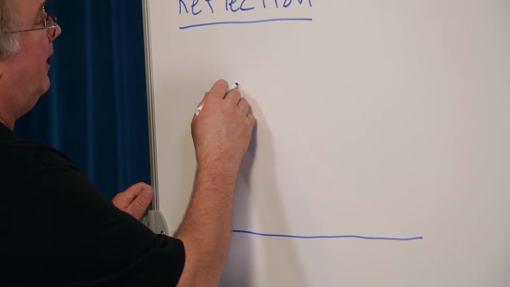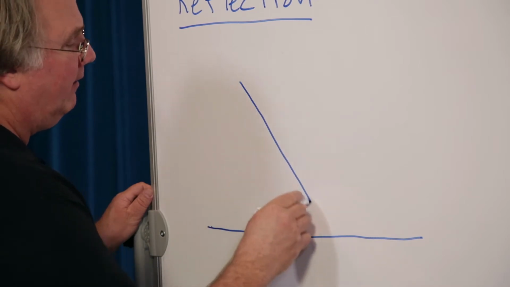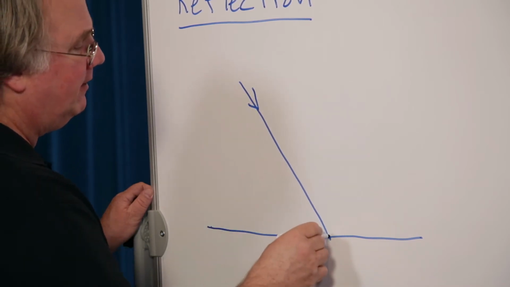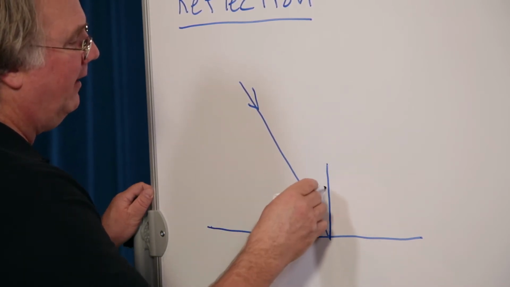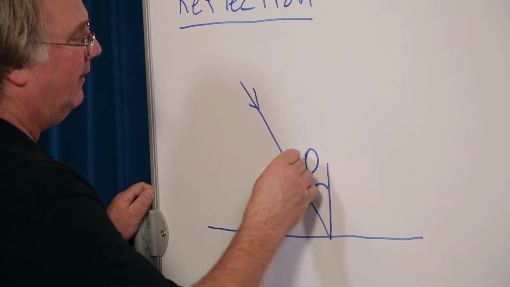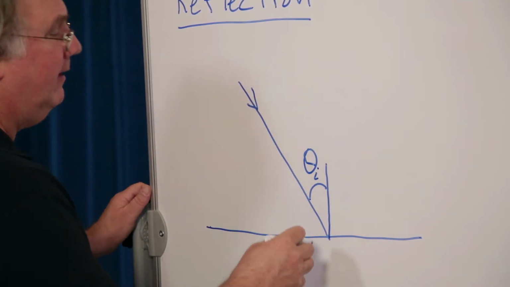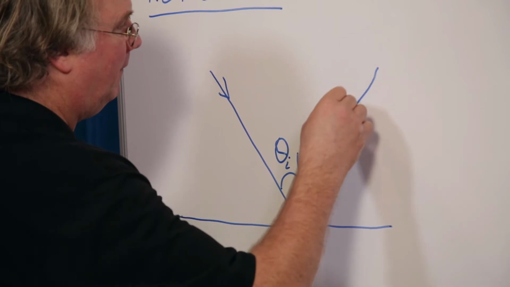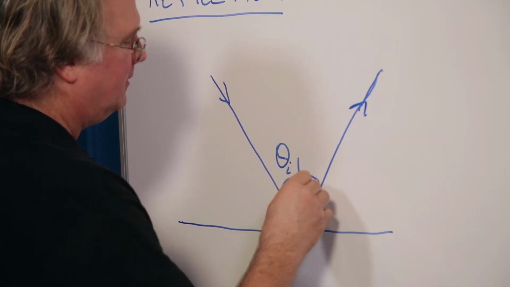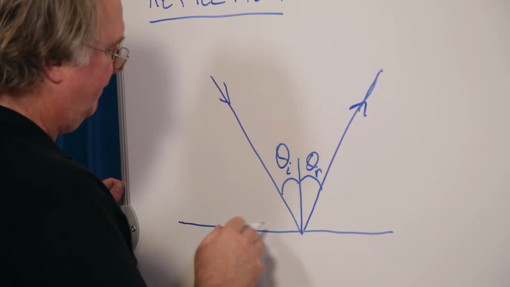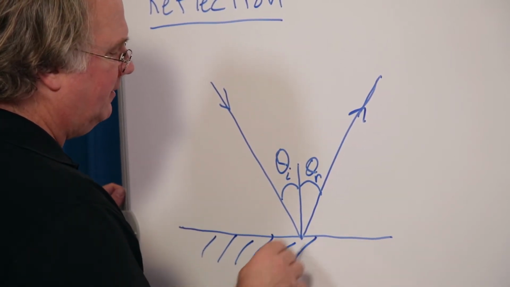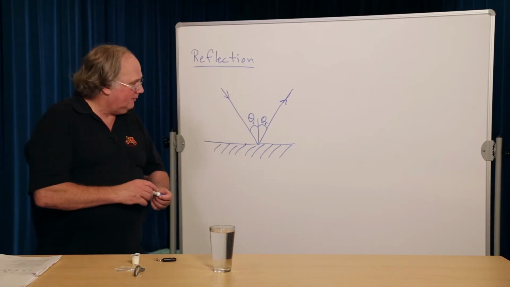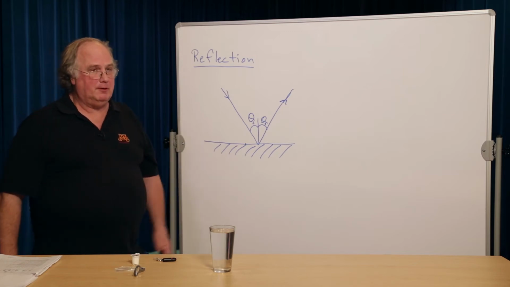A light ray comes in and goes out again, and the physics says that the angle coming in, theta incident, is equal to the angle going out, theta reflection. This is what happens on any smooth surface. We're not bothering about what's going on underneath at the moment, and we'll look at that.